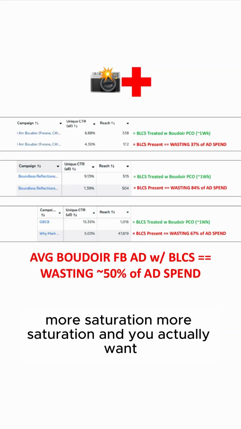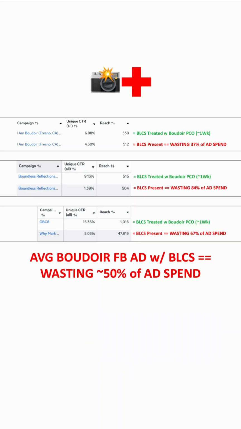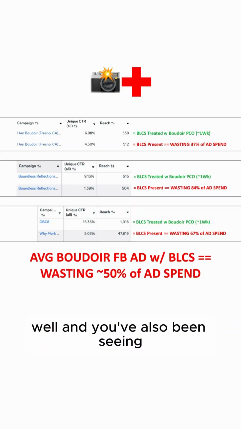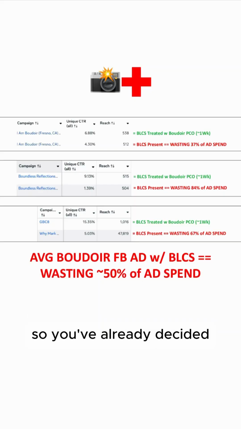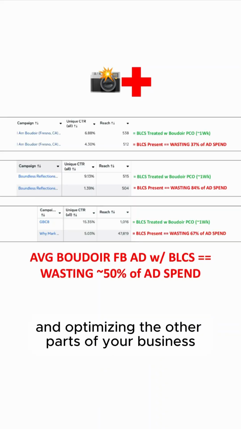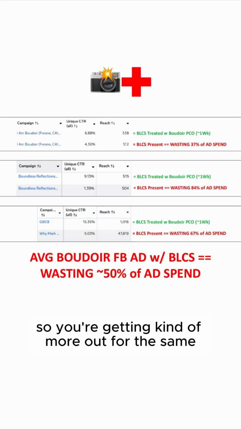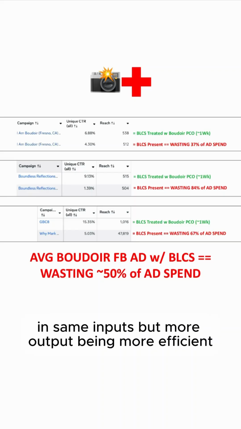And you've also been seeing inflation, cost of living rising. So you've already decided you're taking profits and optimizing the other parts of your business. So you're getting more output for the same inputs, being more efficient.